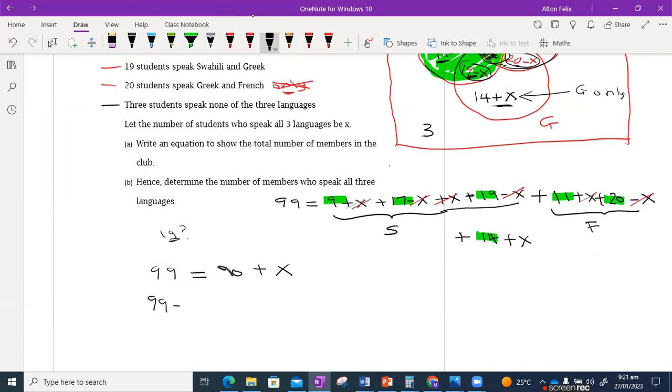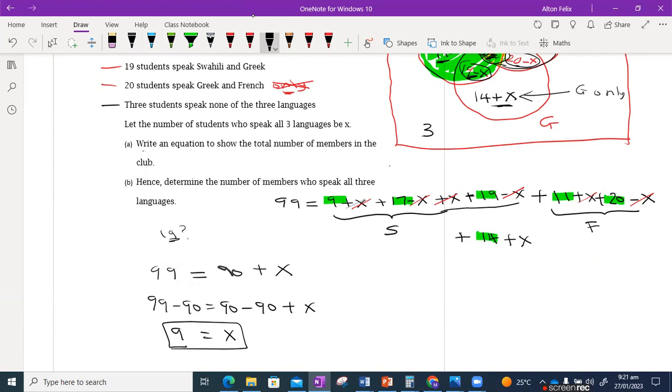So let's go. 99, let's subtract 90 on both sides. It will be 99 minus 90 equals x. So we got 9 is equal to x. Okay, so we have answered the question.